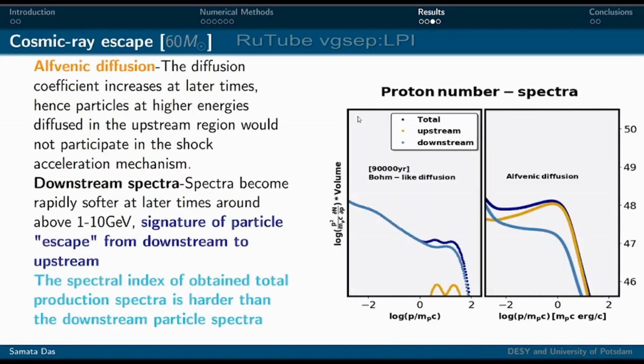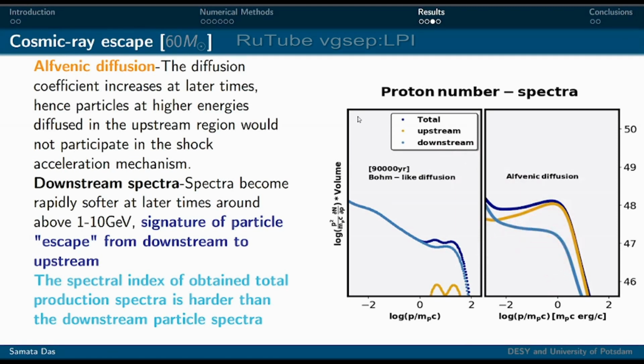Our simulation grid has been extended to 65 times the shock radius. So we have considered all the protons inside this 65 times shock radius region, and then we got the total proton number spectra; this is the downstream spectrum, and this is the upstream spectrum.